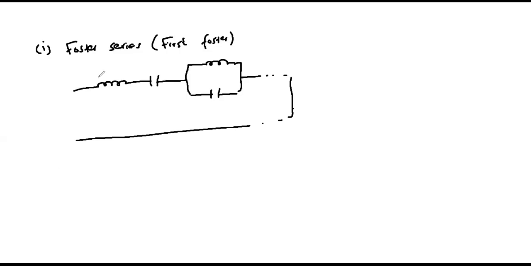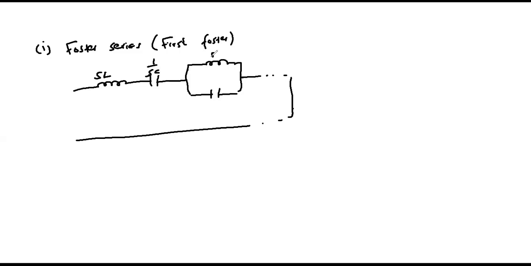If we expand and we notice that there is a term that has S, then the coefficient of that becomes our inductor, because the impedance due to an inductor is given by SL. If we have a term that has 1 over S, then the coefficient of the denominator gives us the value of the capacitance, since the impedance due to a capacitor is given by 1 over SC.